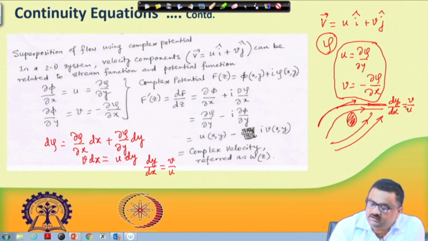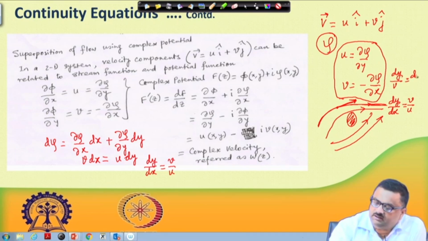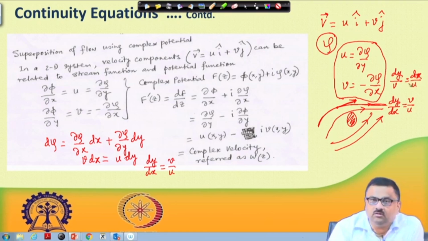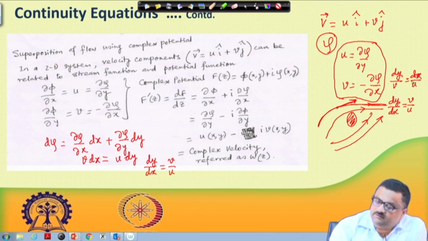And what is dy/dx? The slope of this line. So at every point, the slope of this line, or in other words, you can write dy/v is equal to dx/u. So, that means dy/v is equal to dx/u.